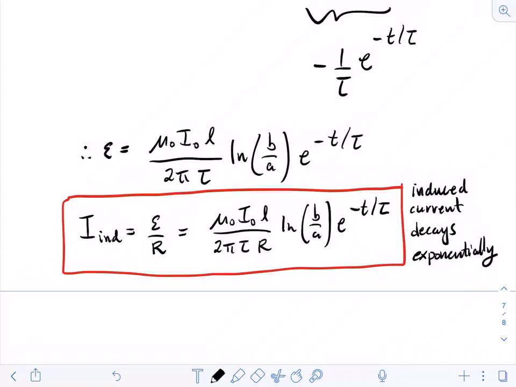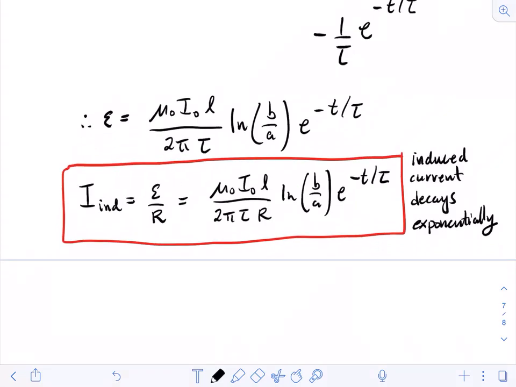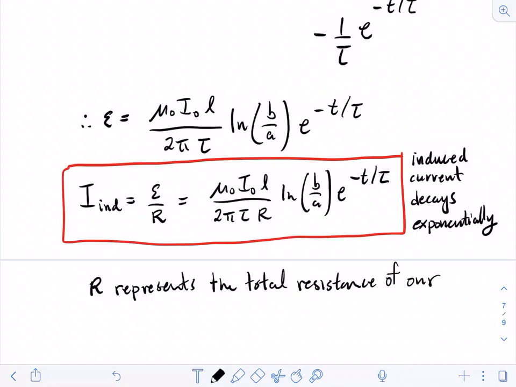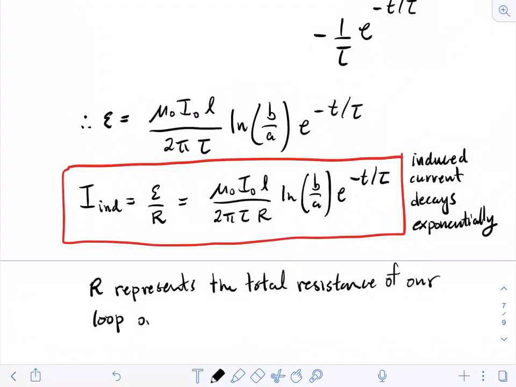Okay, so we could ask one more question. Let's just make a note here that R represents the total resistance of our loop of wire.